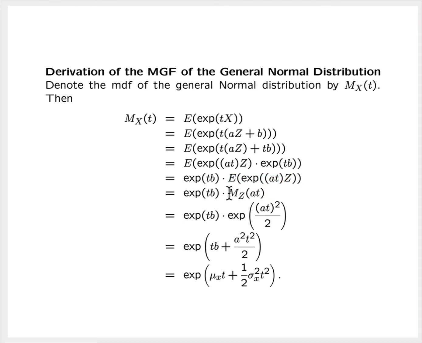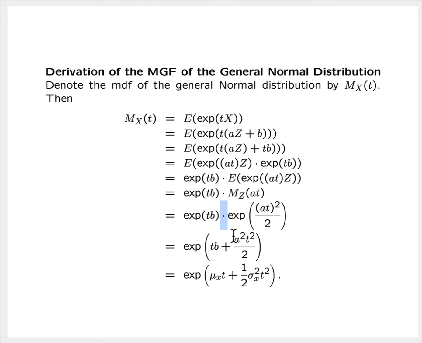Now we know, we've already derived what that moment generating function looks like. And in this particular case, because we're evaluating at a times t, this moment generating function is equal to the exponential function evaluated at the square of the product at all over 2. We have like bases.